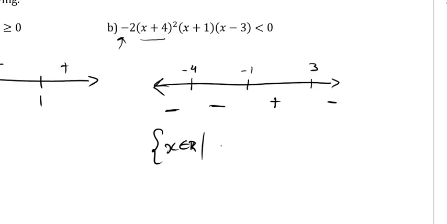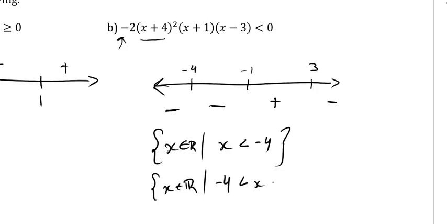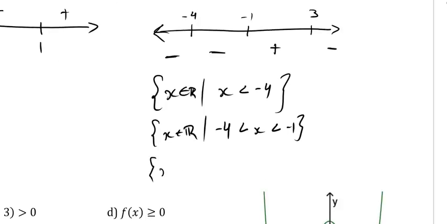So when x is less than -4, when -4 is less than x, which is less than -1, and when x is greater than 3.